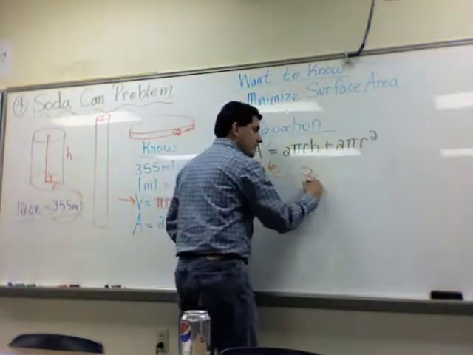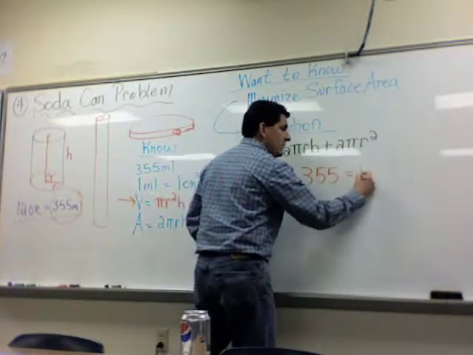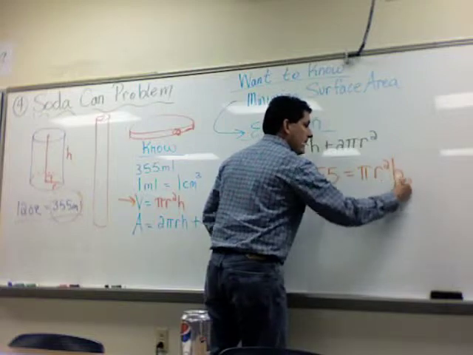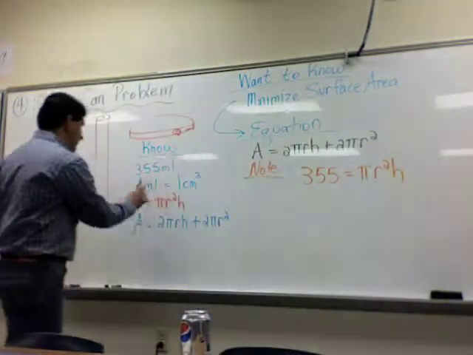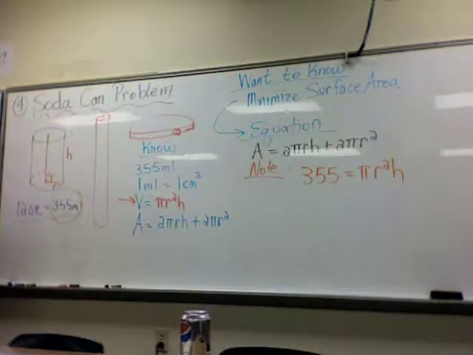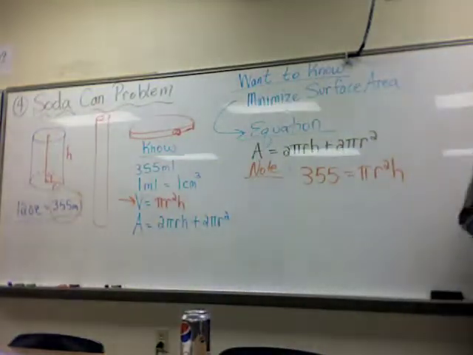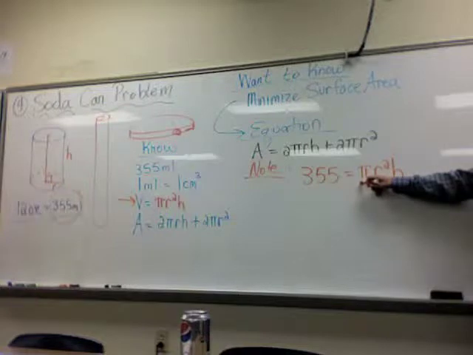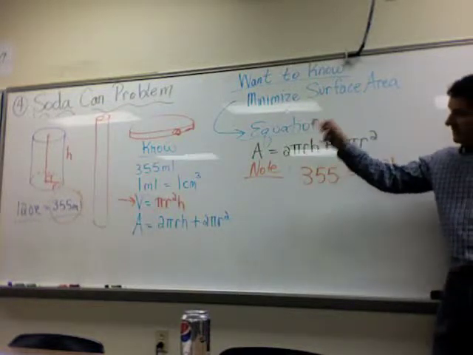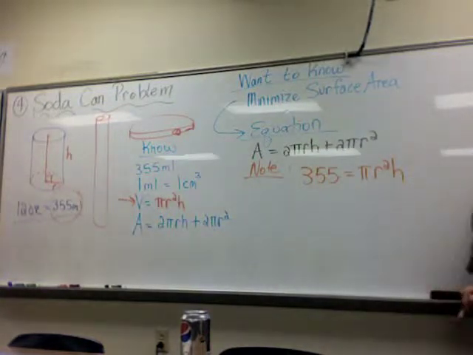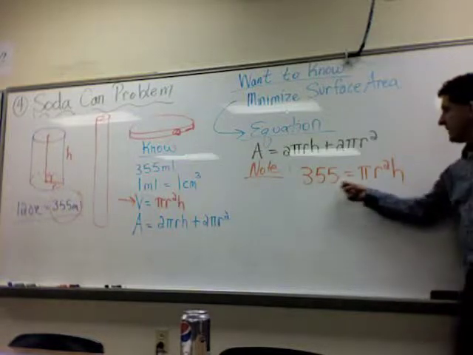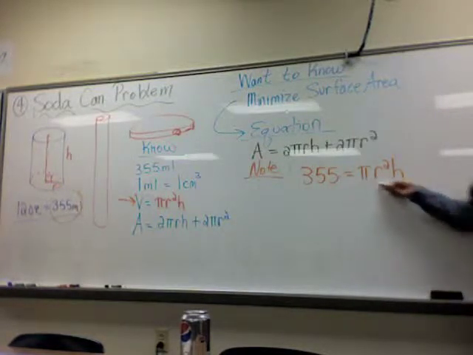So I can say this, 355 equals pi r squared h. The volume is forced to be equal to 355. There's no way around this problem without having the fact that the volume is 355 milliliters. So we're forcing that. You see what this does for us now?